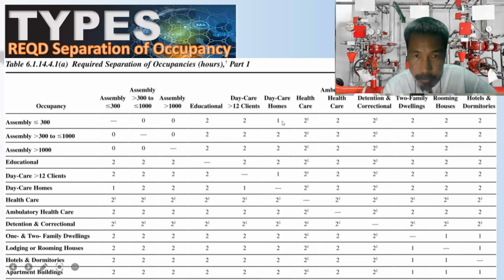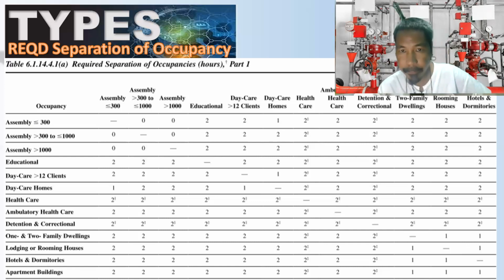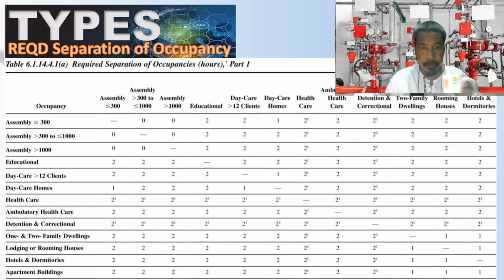For example, assembly of less than 300 occupants and daycare. So 1 hour. Maybe we can question the logic because daycare usually what, kids, and assembly.